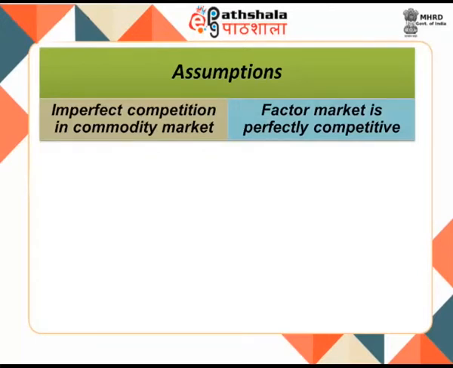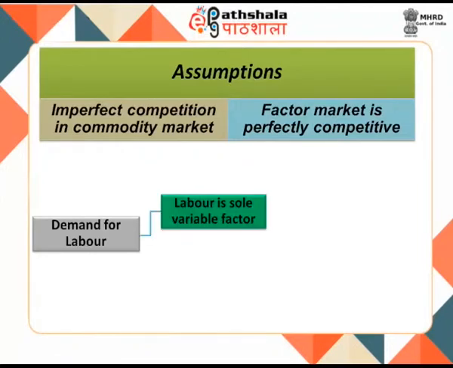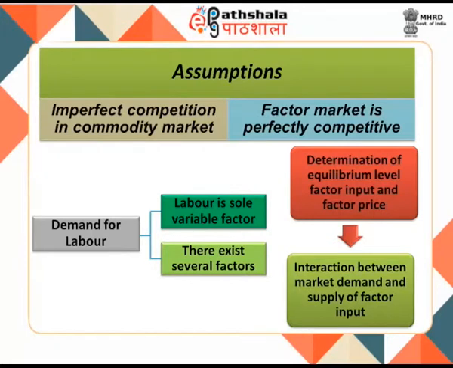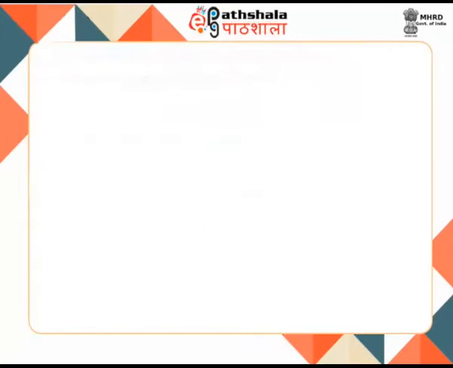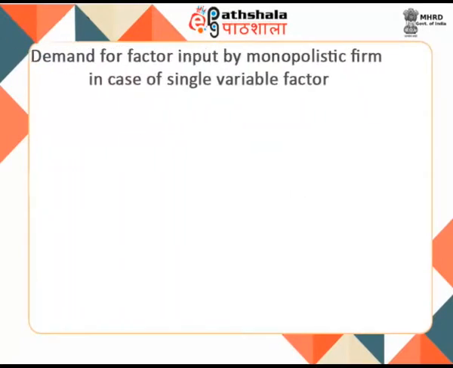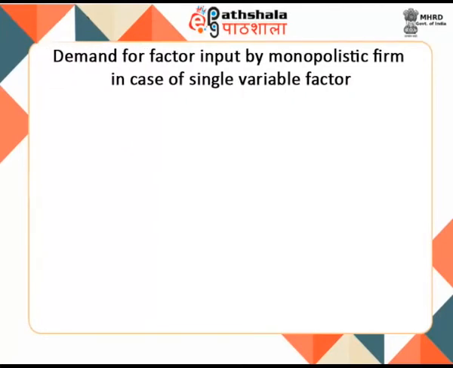In this module, first we will derive demand for labor in two situations: one, when labor is the sole variable factor, and two, when there exist several factors. Secondly, we determine equilibrium level of factor input and factor price through the interaction between market demand and supply of factor input. Demand for factor input by a monopolistic firm in the case of a single variable factor, labor.